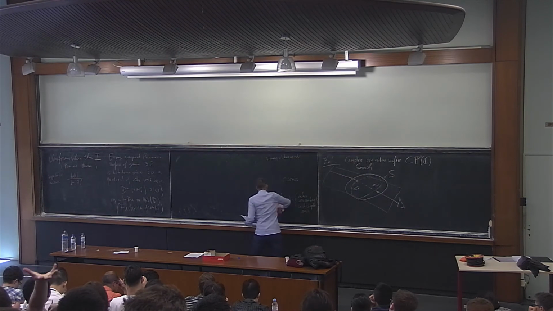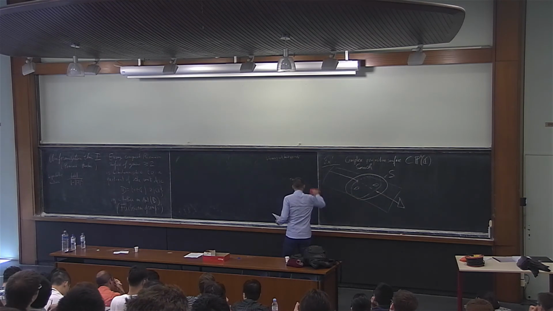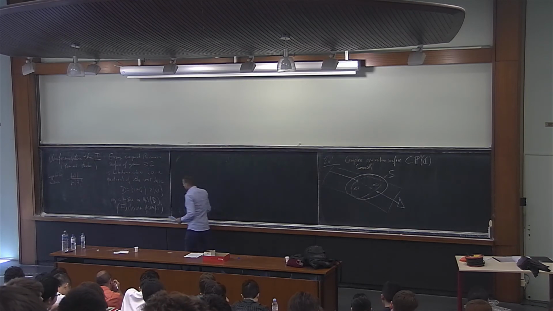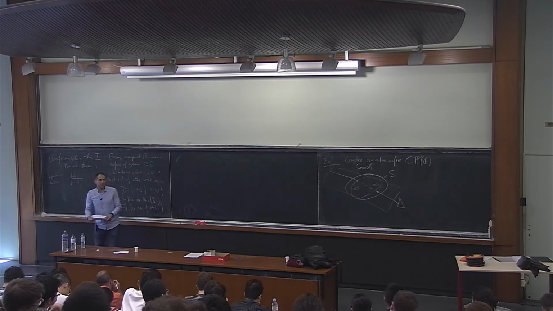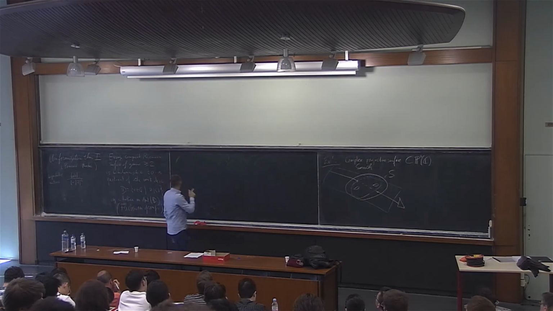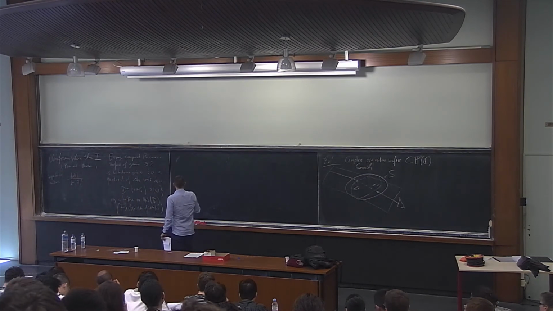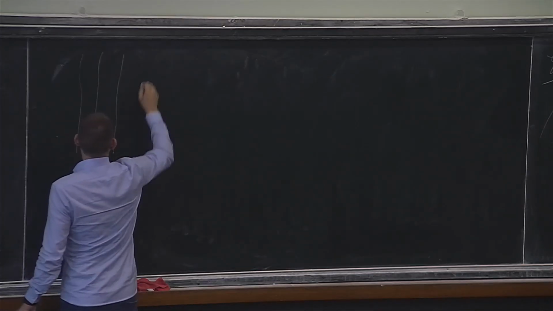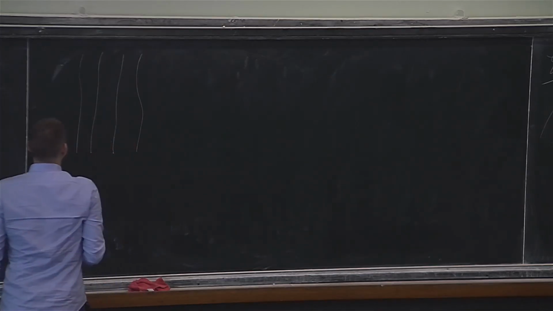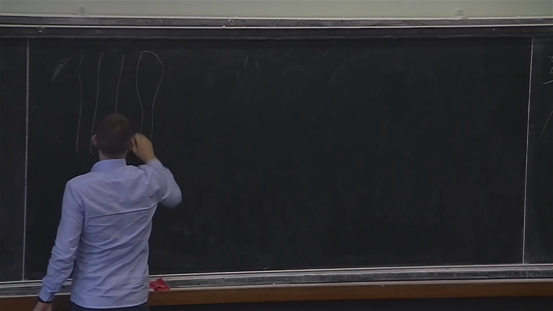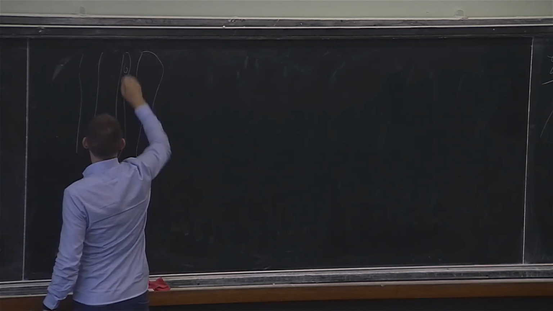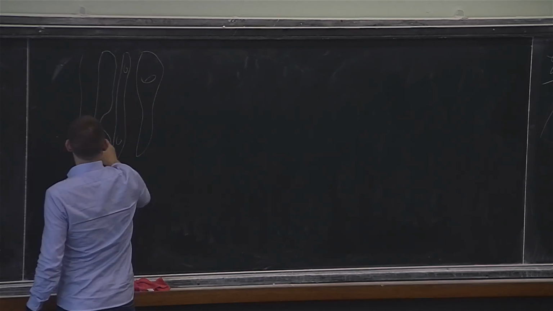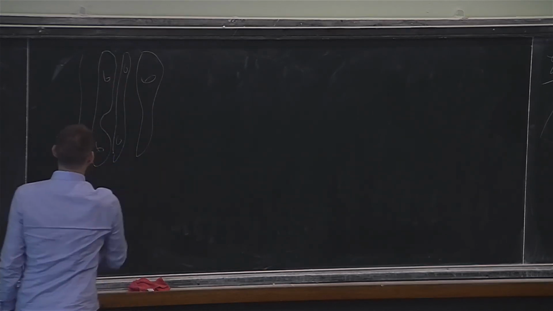And the idea behind that is that it's possible to prove the following thing. So suppose you have a holomorphic family of curves. Let me just draw them as surfaces, just to show that their geometry is varying.